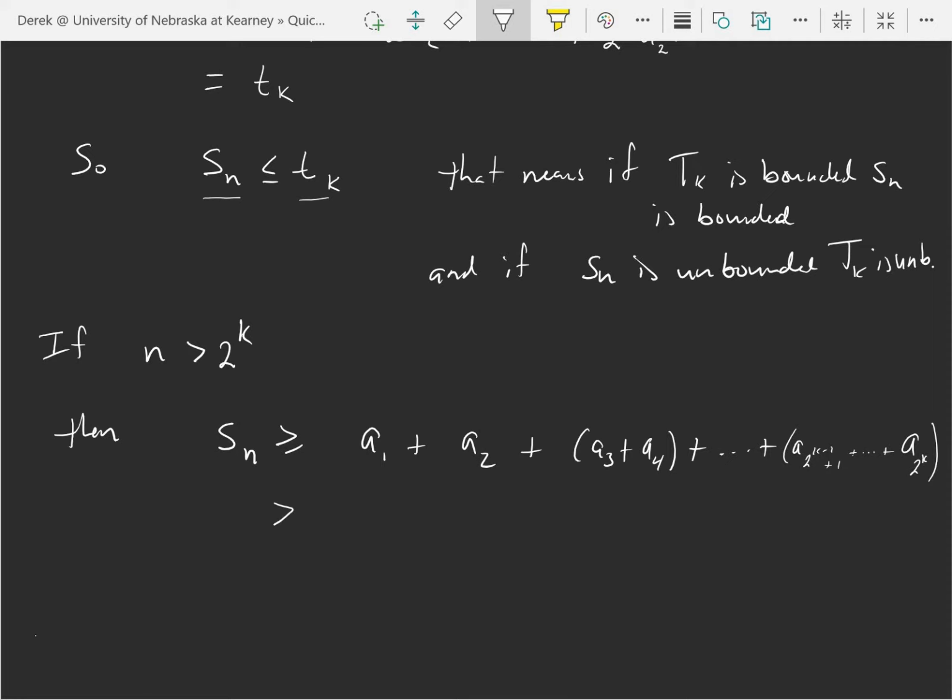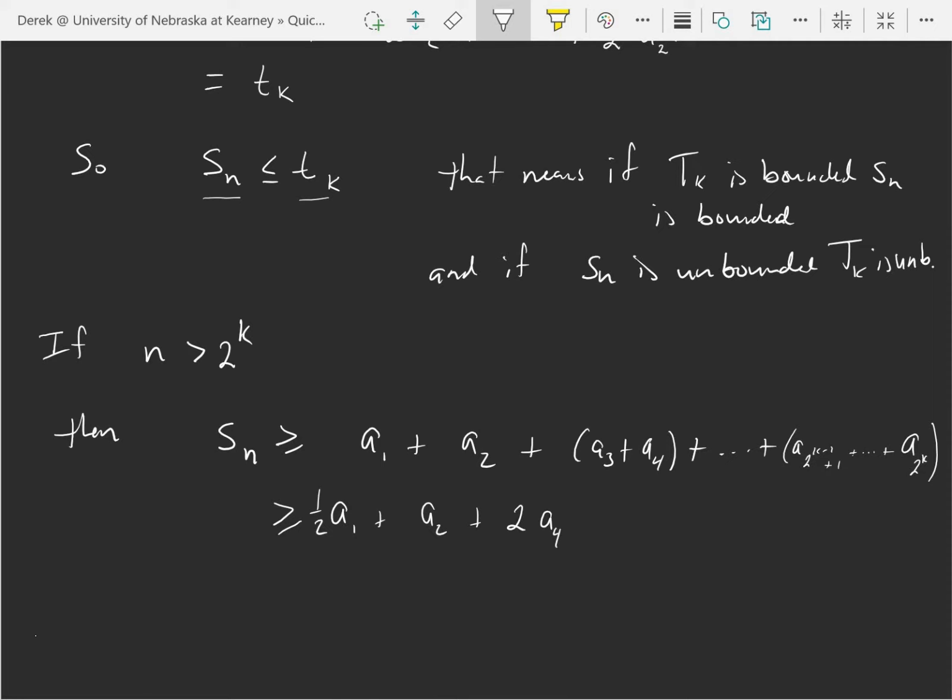Okay, and that's bigger than or equal to a sub 1 plus, well, half of a sub 1, because I'm going to make the top thing bigger, so I'm making this smaller. I'm making that guy half as big, plus a sub 2 plus 2 times a sub 4.